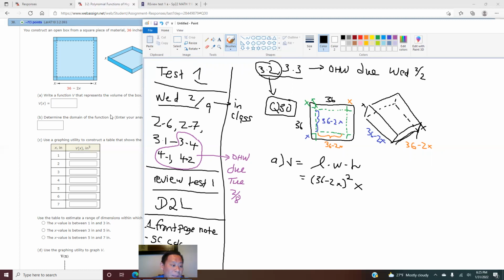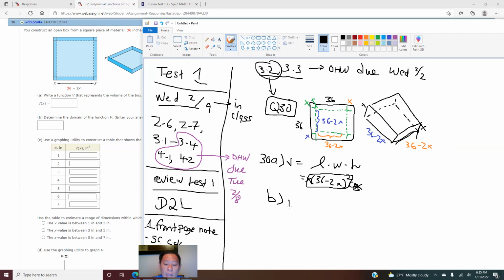So the volume is given by this formula. This is your answer for question 30A: your volume is 36 minus 2X squared times X, or you can move the X up front if you want to, it doesn't matter.